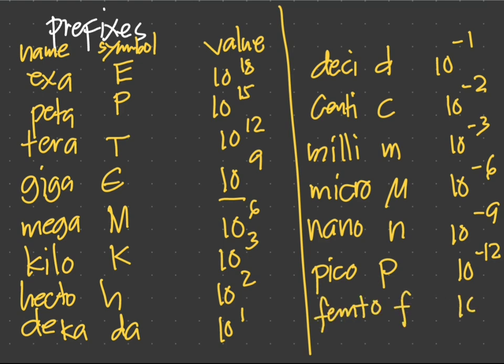It is 10 to the negative 15. And then atto, 10 to the negative 18. So pico can also be called double micro, because it is equal to 10 to the negative 12.